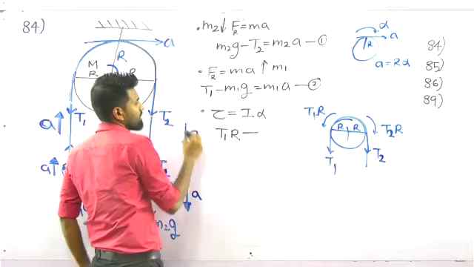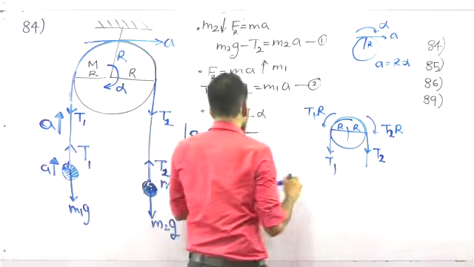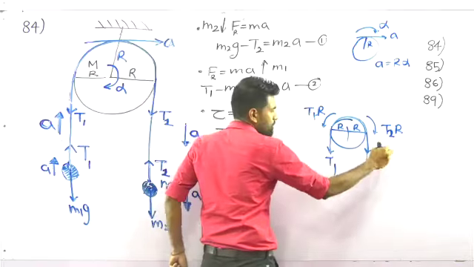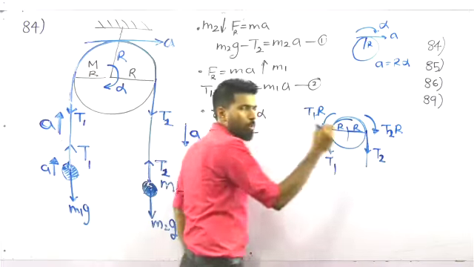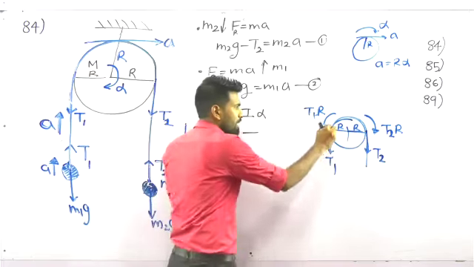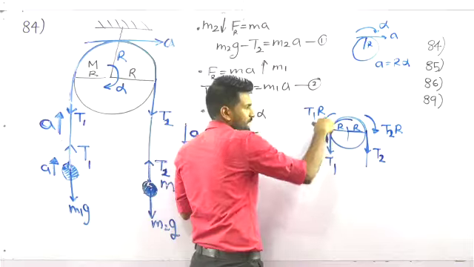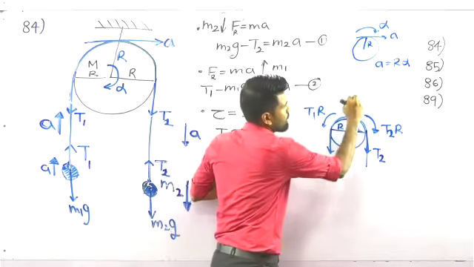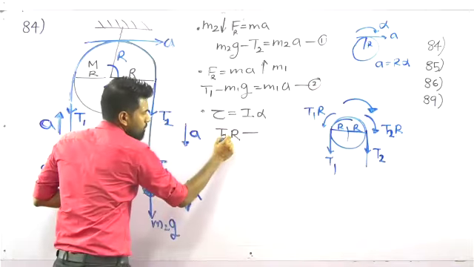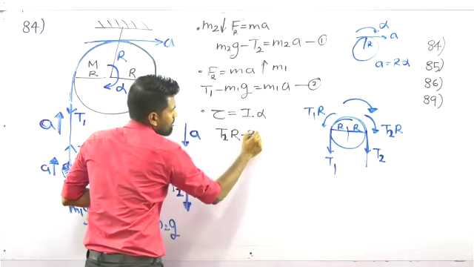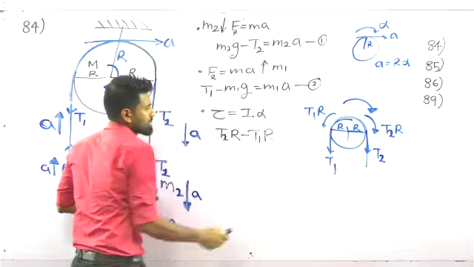And applying tau equals I alpha, on this side you have T2. T2 times R is the moment that brings the rotation. But there's an opponent from the other tension, T1. T1R is on the opposite side. So what is the resultant moment towards the movement? T2R minus T1R, isn't it?